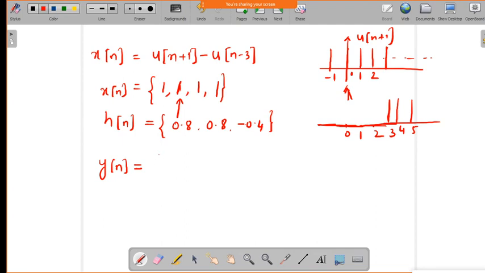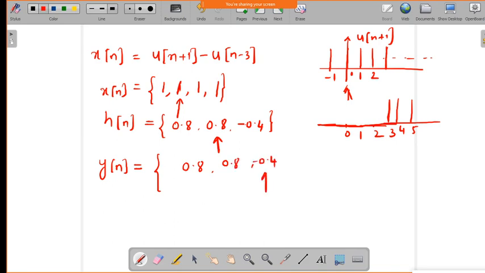How to find the convolution? You already know the sequence multiplication when we do convolution. Since it is x of minus 1, shift the signal and multiply, that is 0.8, 0.8, minus 0.4.